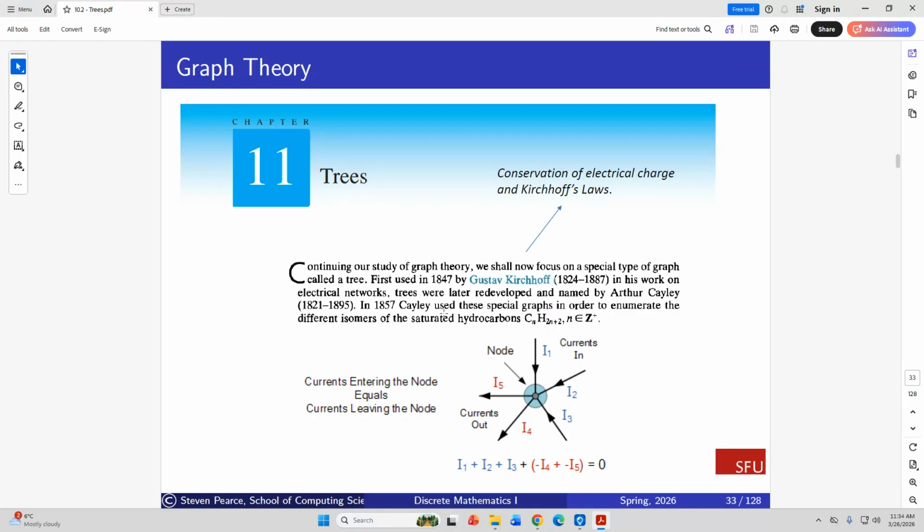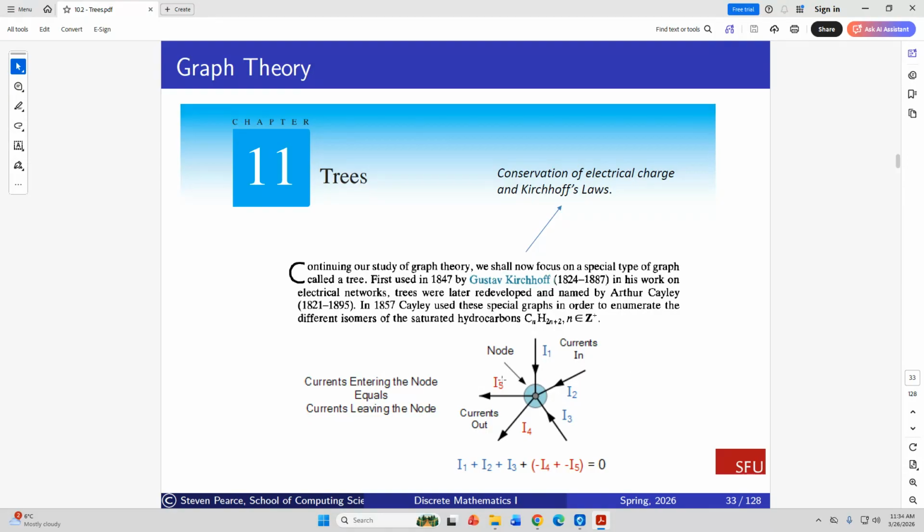In 1857, Cayley used these special kinds of graphs, trees, in order to enumerate different isomers of the saturated hydrocarbons CnH2n+2, where n is a positive integer. So Kirchhoff started it off with circuits, and then Cayley used it for biochemistry.